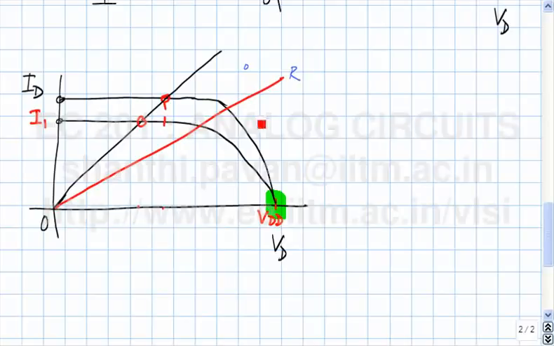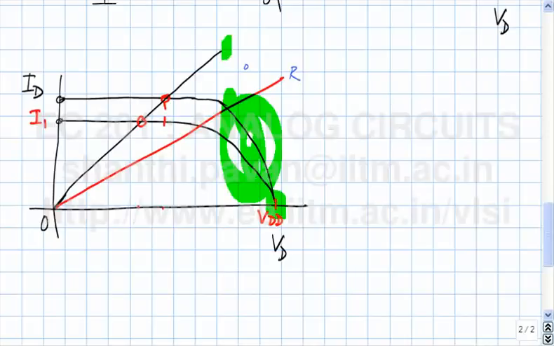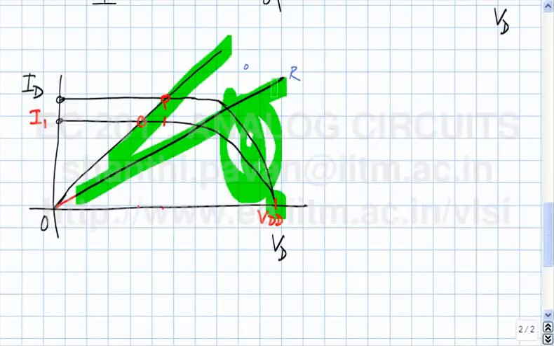This is the triode region. Please note that the slope of this line is proportional to 1 over R. So if I had a larger resistor, this will tend to become more and more parallel to the x-axis. If I get too greedy and try and increase R, then I will end up in the triode region.